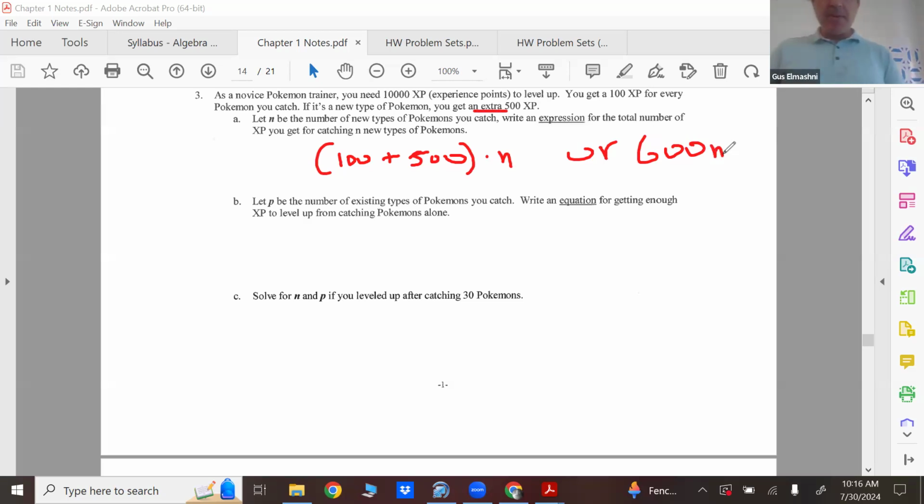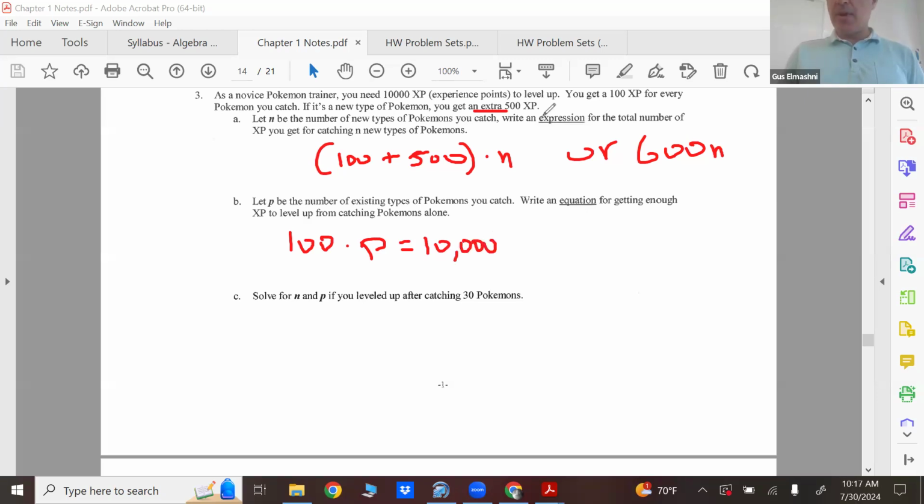And let p be the number of existing types of Pokemon to catch. Write an equation for getting enough XP to level up from catching Pokemon alone. I guess the existing types. So that would just be 100p equals 10,000.